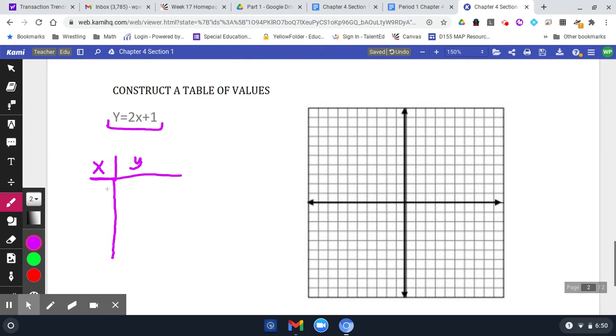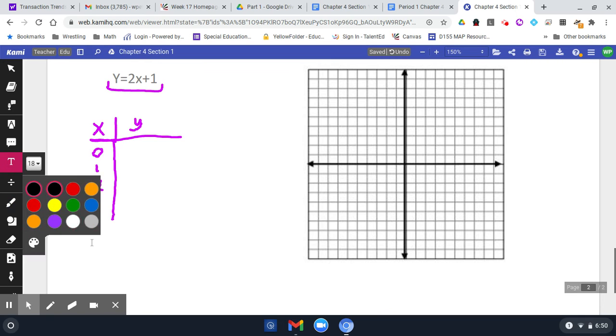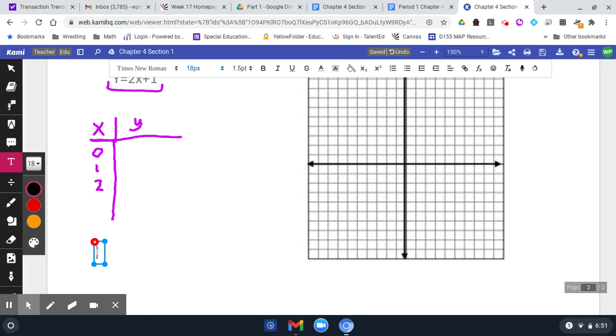So the easiest numbers to choose are always numbers like 0, 1, and 2. They're nice small numbers. Now notice, you guys get to choose those numbers. You get to pick those numbers, okay? And those are the numbers I picked. Now we just need to plug them in. So I'm going to scroll down here. I have Y equals 2X plus 1.